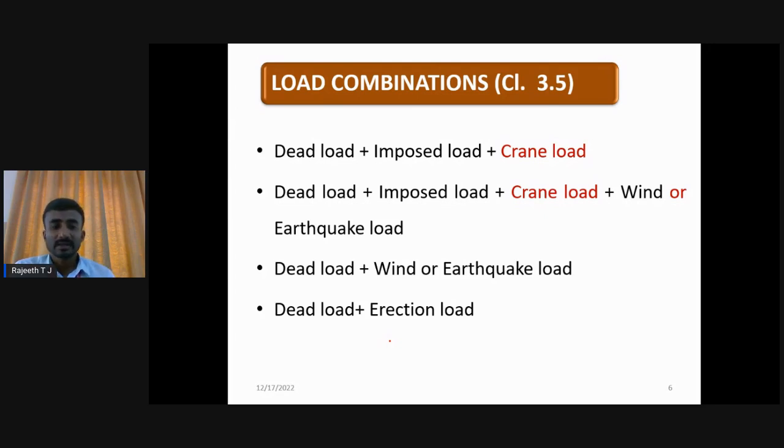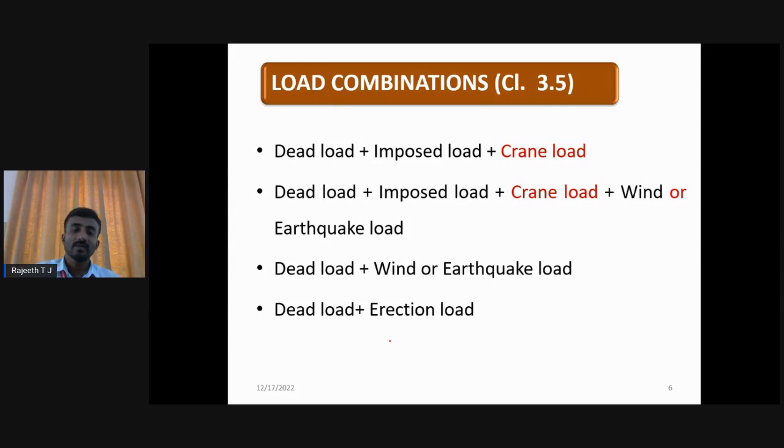Next combination: dead load plus imposed load plus crane load plus wind or earthquake load. Here the one more load we need to consider is wind or earthquake. Since wind and earthquake will not occur simultaneously, while considering the load combination we can take the higher one, wind or earthquake load, in addition to crane, imposed and dead loads.